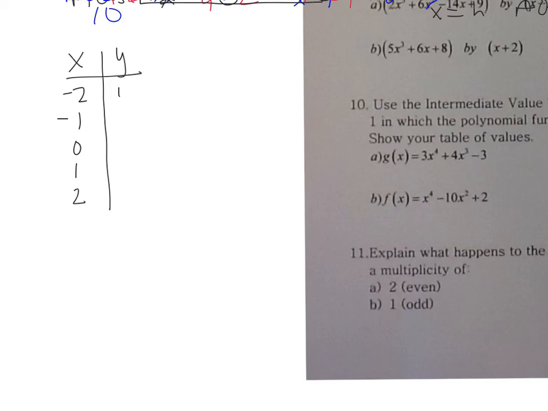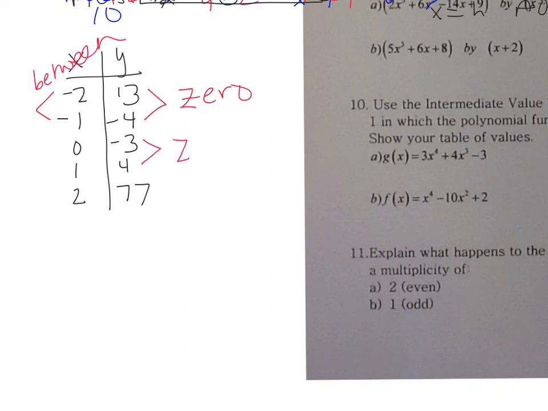At negative 2, I have 13. At negative 1, I have negative 4. 0 is negative 3. 1 is 4. And 2 is 77. So I have a change here, which means there's a 0 between negative 2 and negative 1. And I have a change here, which means there's a 0 between 0 and 1.